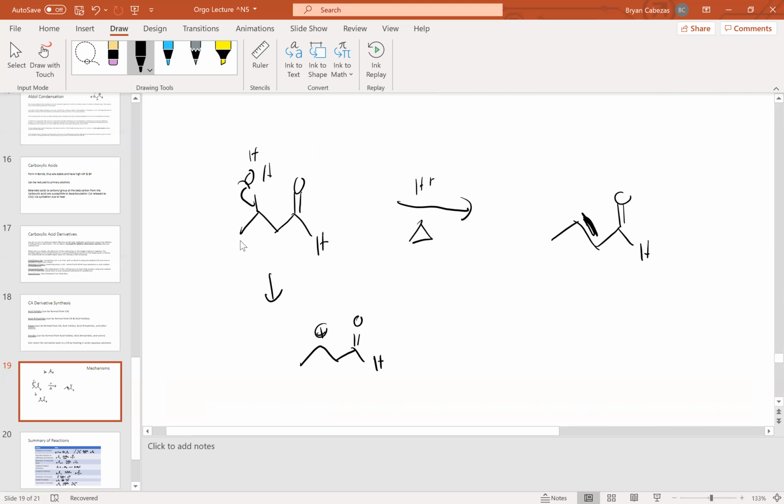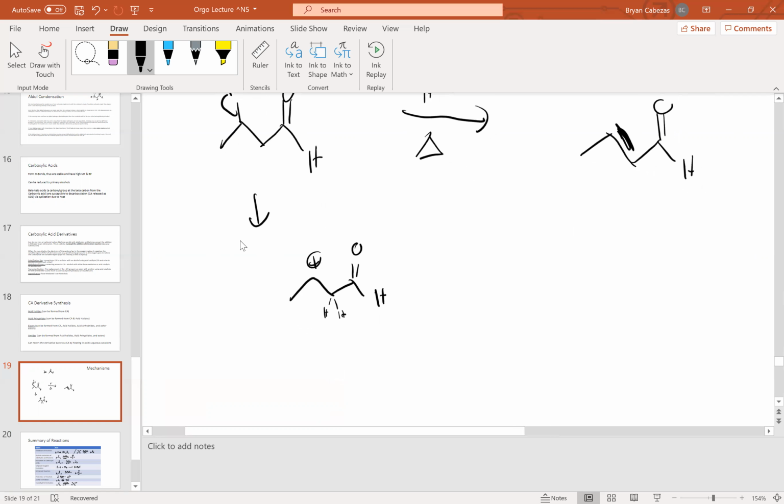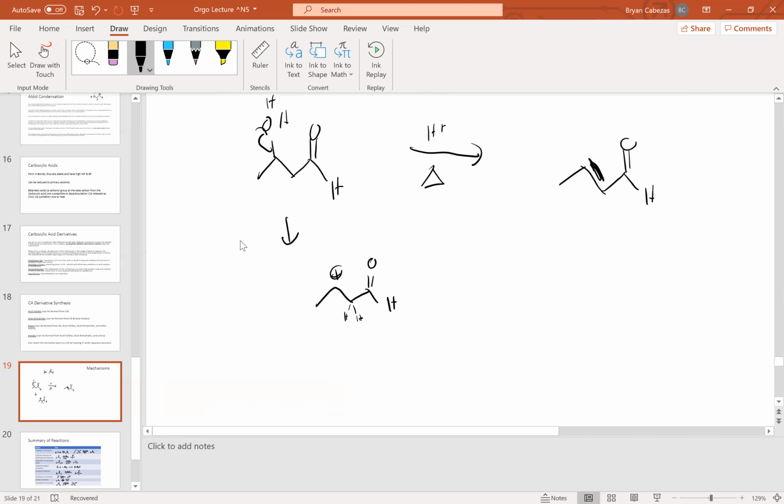And what's going to happen is that one of these alpha hydrogens here is going to be removed, right? Once it's removed, we're going to have a negative charge on our carbon, right? Because the hydrogen is going to leave its electrons behind. And then it's going to form a double bond here, right, where you had your carbocation.